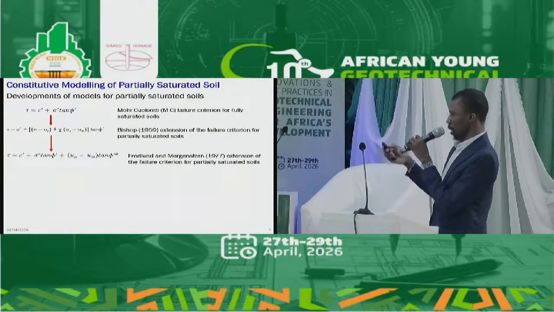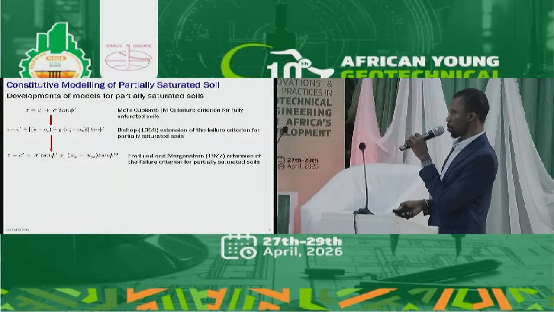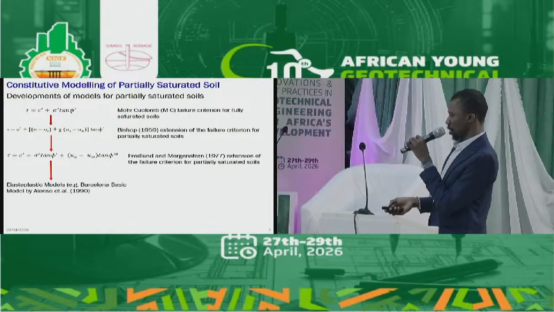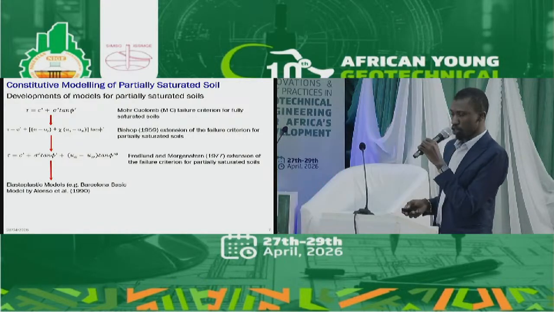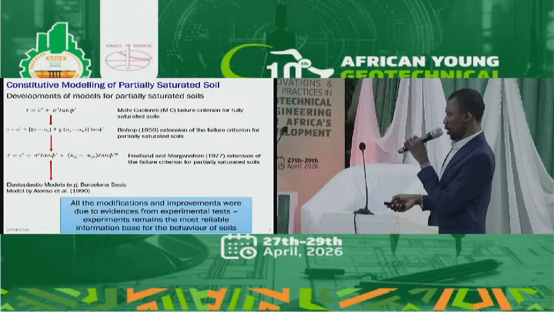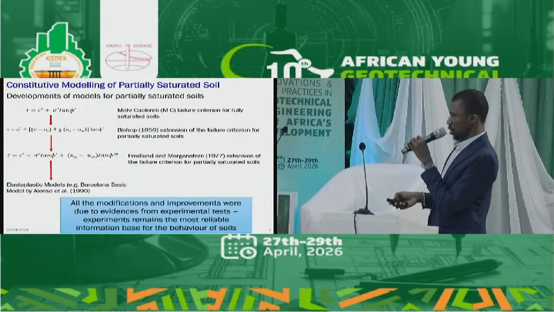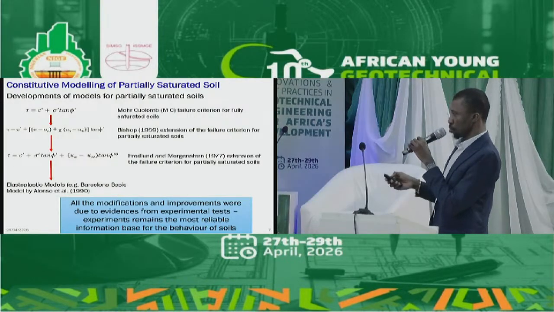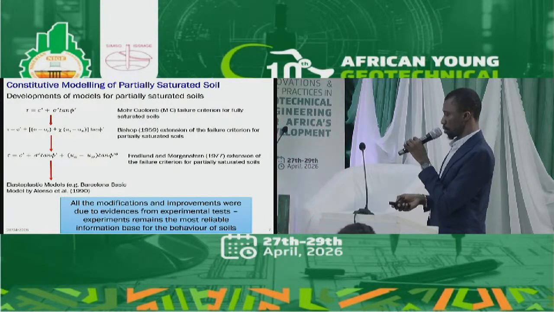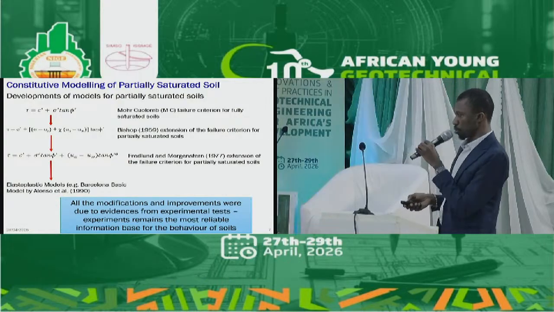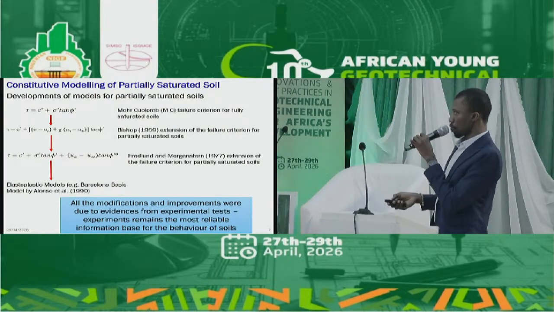Then we move to the expression by Fredlund and Morgenstern in 1977. And finally we have the elastoplastic models, of which the Barcelona Basic Model is one. All these modifications over the years are due to evidence from experimental tests. Experimental tests still remain the most reliable information base for the behavior of soils.